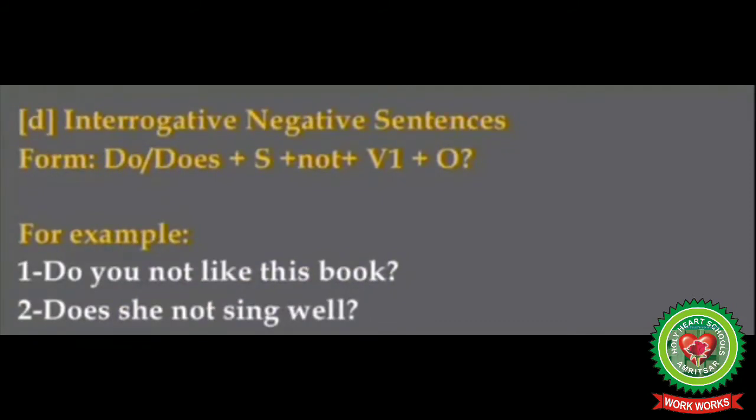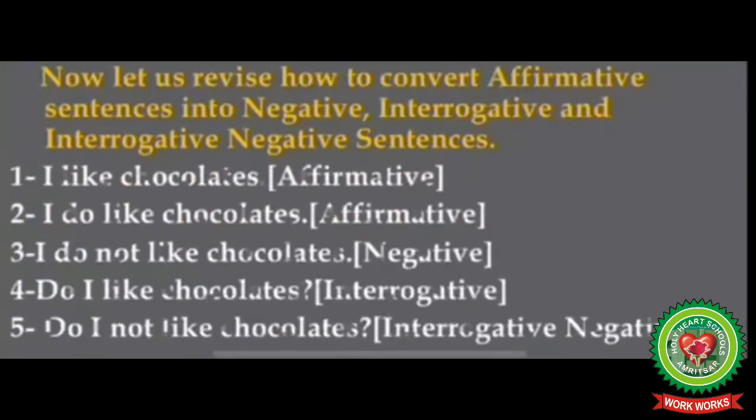Now let us revise how to convert affirmative sentences into negative, interrogative and interrogative negative sentences. I like chocolate. This is in affirmative form. Now in order to make it negative, we need a helping verb, and as I have told you that in simple present tense, helping verbs are do or does, and in case of I, we use do.